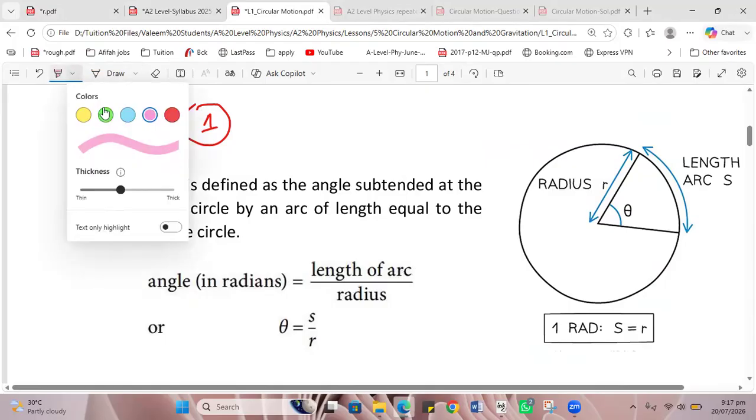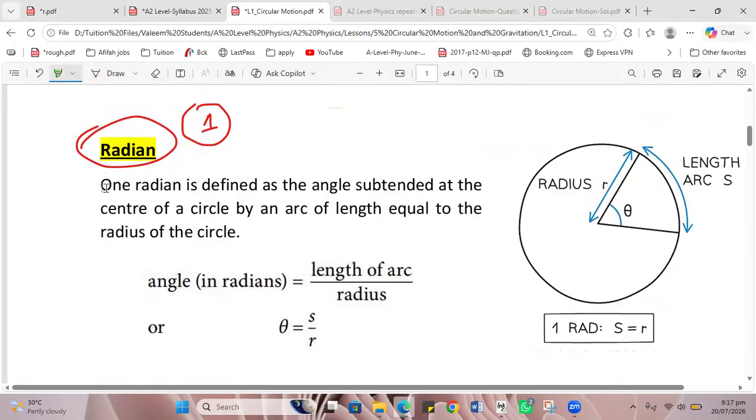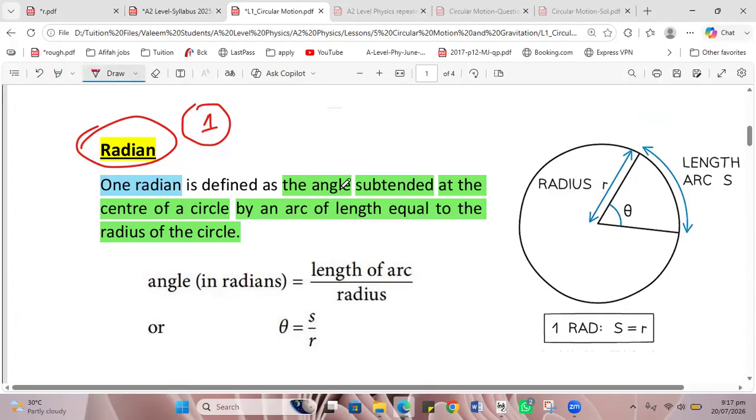So the definition for radians that you should use in your A2 exam is this. 1 radian is defined as the angle subtended at the center of a circle by an arc length equal to the radius of the circle. This is the definition for 1 radian. Start by saying what radian is.